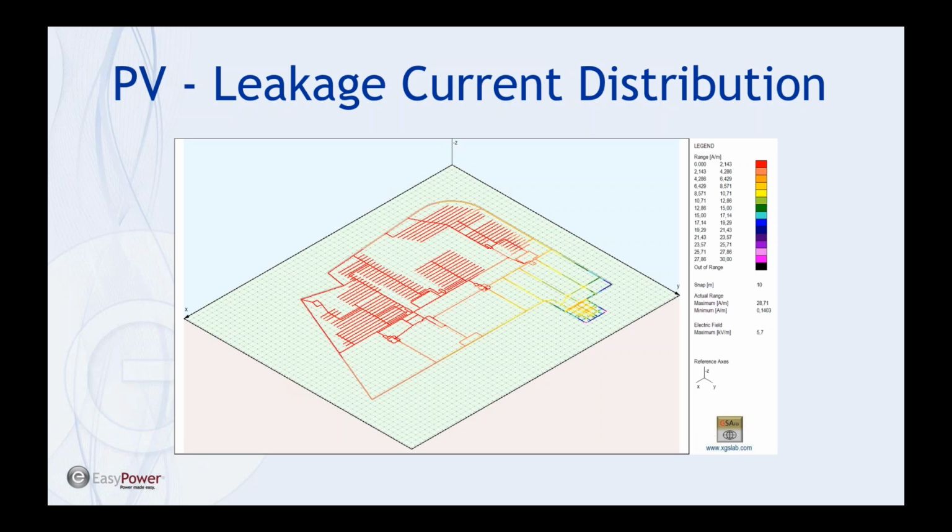And so say the remote source is somewhere far away, all of the current is trying to follow the lowest resistance path back, and so most of it is flowing directly out, but some of it's taking a path along the other conductors and then leaking out over there.